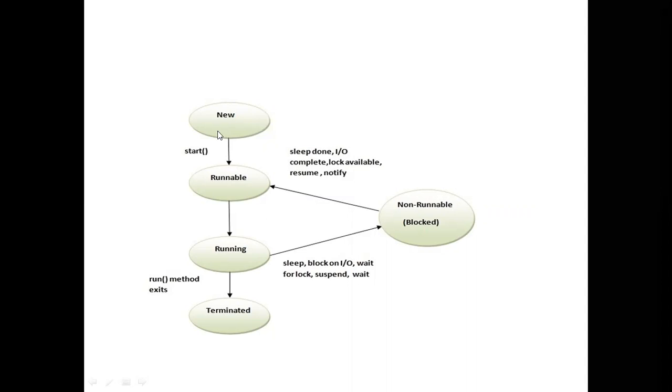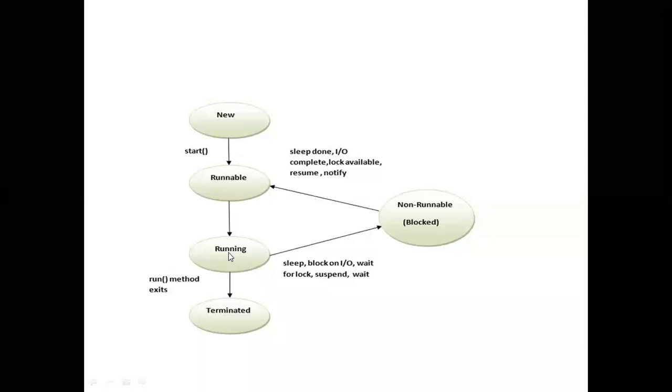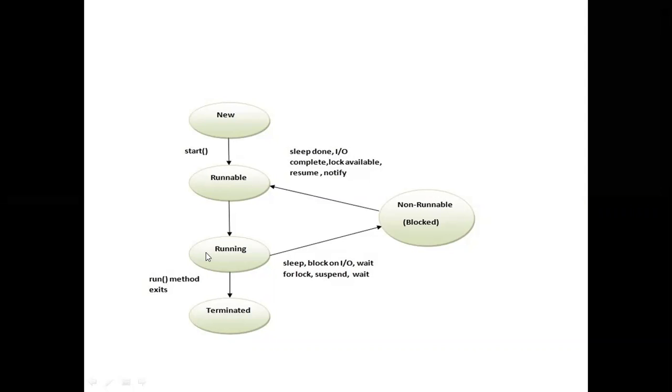When we call the start method on this new thread, it will come to the runnable state. After that, it will be in the running state, which requires the run method. Once your run method exits, your thread will terminate.